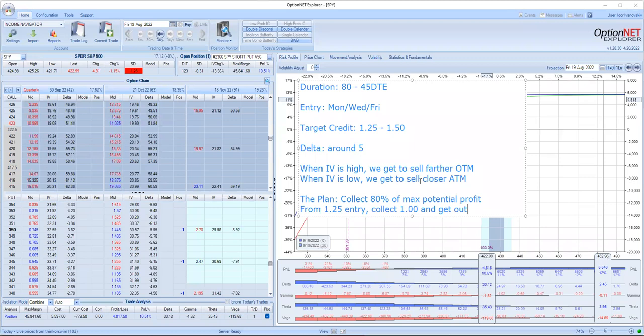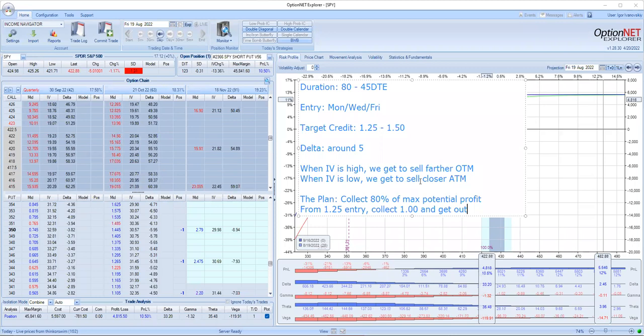Based on what I have done since October of last year, and this is something that Tom asked me earlier today, I close at 80% of max potential profit. And if you look at how many days I stay in the trade to reach 80% of max potential profit, that number is right around 50%.